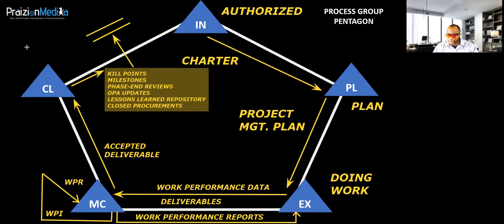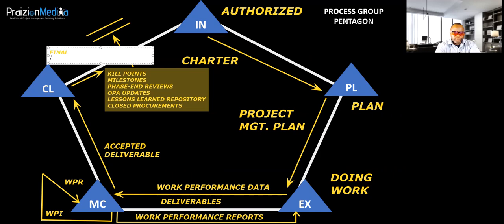You're performing the work, getting the work done, and therefore your deliverables get checked. When the stamp of approval is done, you get an accepted deliverable, and that is transitioned to the customer in close project or phase. So one final thing that we're going to put here is the final deliverable transition.